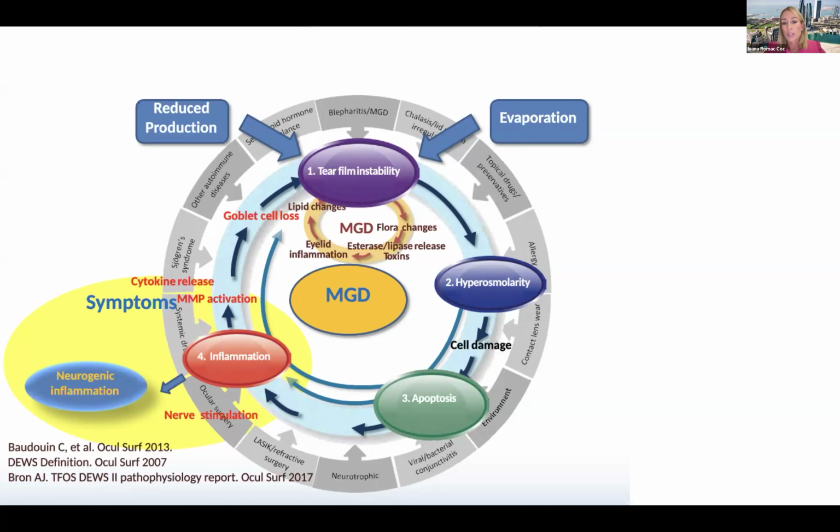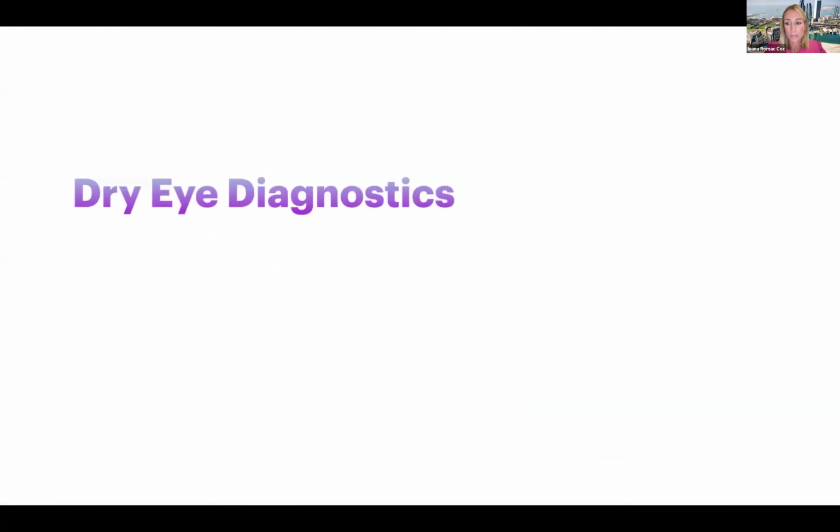But what we know is that the core mechanism is tear film hyperosmolarity, which is a result of tear film instability, either as a result of reduced tear production or excessive evaporation. And tear hyperosmolarity damages the ocular surface both directly and by inducing inflammation.